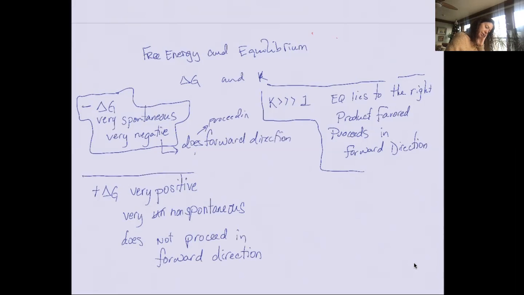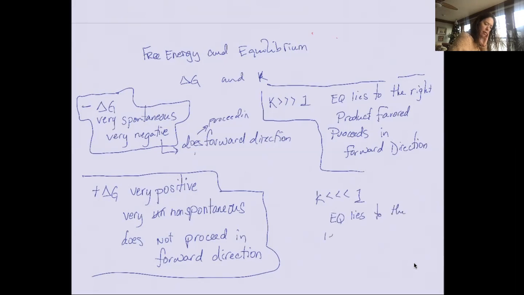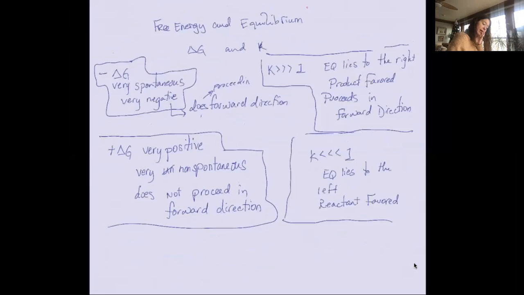So if we have a very positive delta G, we would see K being much less than 1. Equilibrium lies to the left. We are reactant favored, and this reaction does not proceed in the forward direction, okay? So we've related delta G and K.